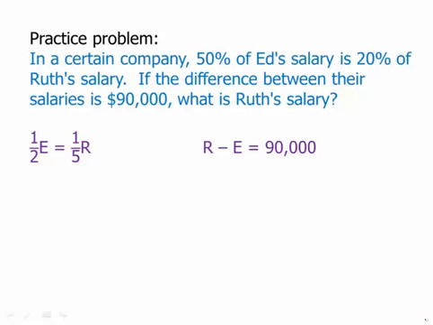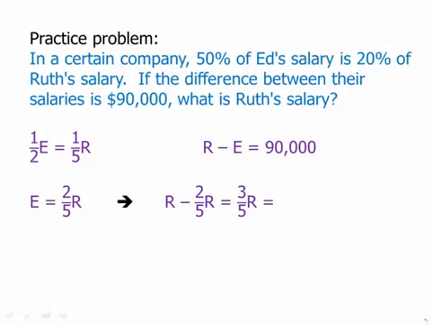Okay, so as in the last problem, we want to solve for Ruth. So one of the equations I'm going to solve for Ed's salary and then use that to plug into the other. And I'm going to choose to solve the left equation. I'm just going to multiply by 2. I'll get E equals 2/5 R, and then I can plug that in to the equation on the right.